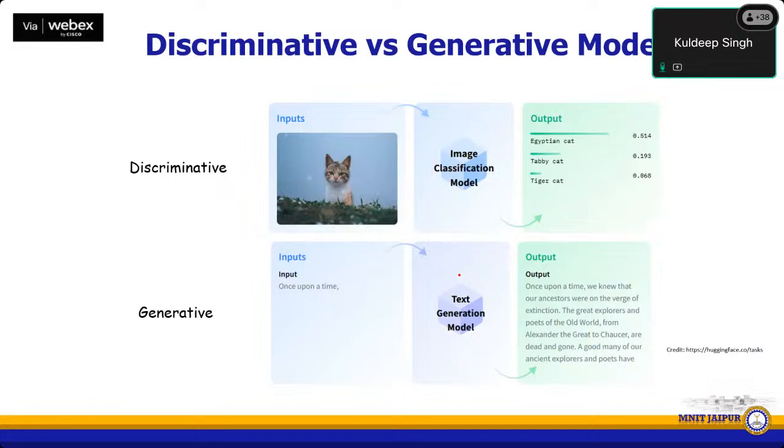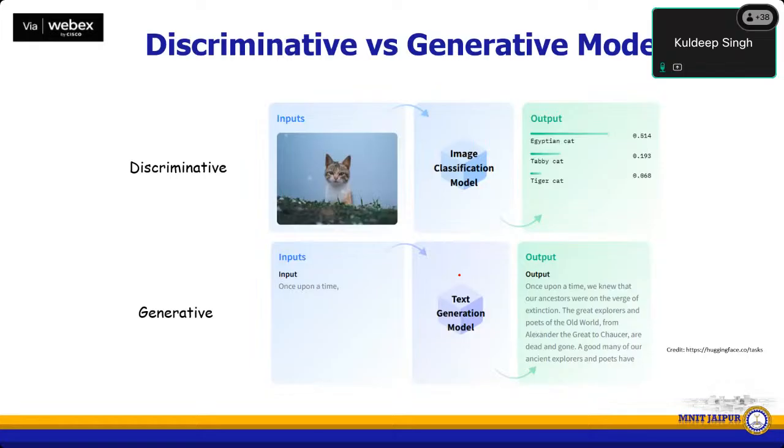The first one is discriminative models. Another one is generative models. Discriminative models we have seen earlier, like the image classification models, where we provide an input and these discriminative models are responsible for classification of that input data. They basically extract meaningful information from the data to discriminate among different classes.